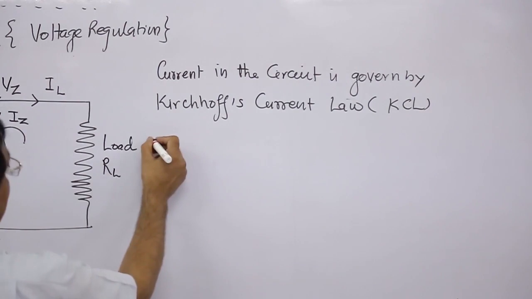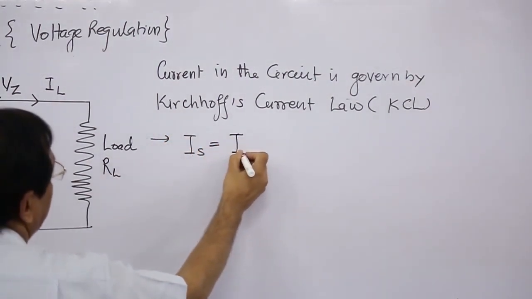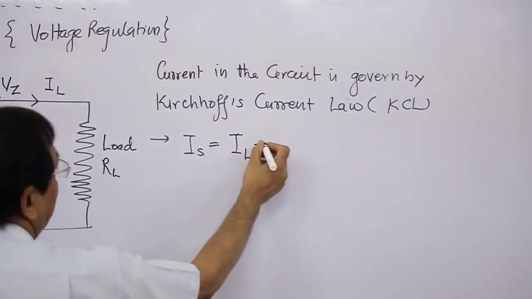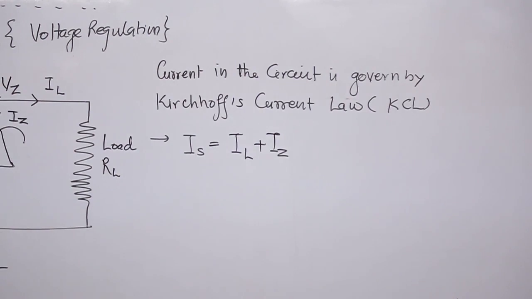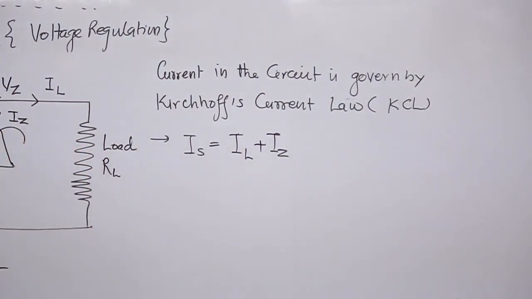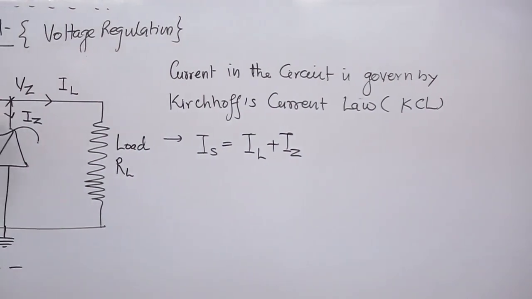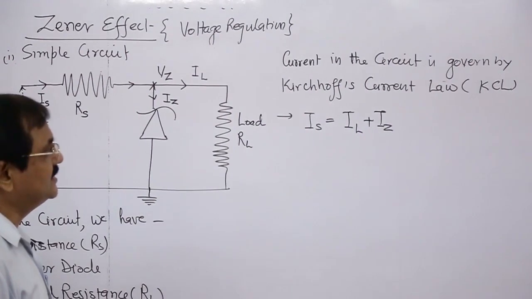What is KCL? IS is equal to IL plus IZ. If this current is IS, then it is divided in two parts, IL plus IZ.